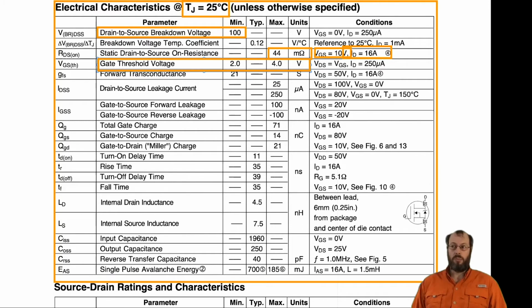Note that this parameter has a rather high relative tolerance, being specified somewhere between 2.0 and 4.0 volts. So if we assume that the average of this is 3 volts, we actually have a tolerance of about 33% of this parameter, which is rather huge.